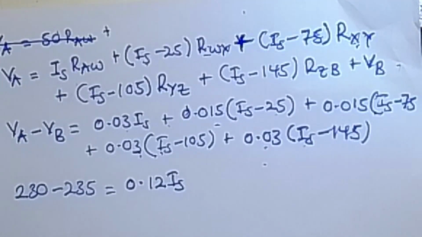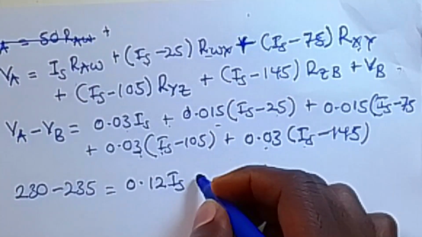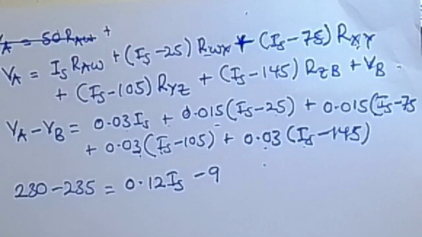So altogether, I'm coming up with 0.015 times 25 plus 0.015 times 75 plus 0.03 times 105 plus 0.03 times 145. So I'm coming up with an answer of negative 9.